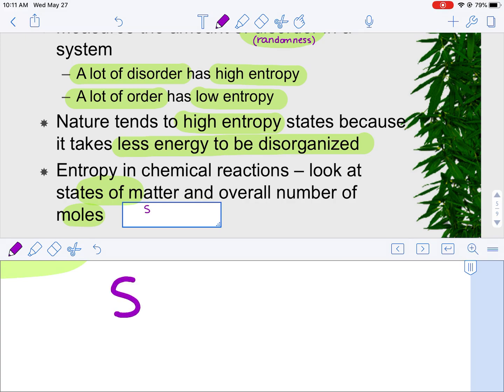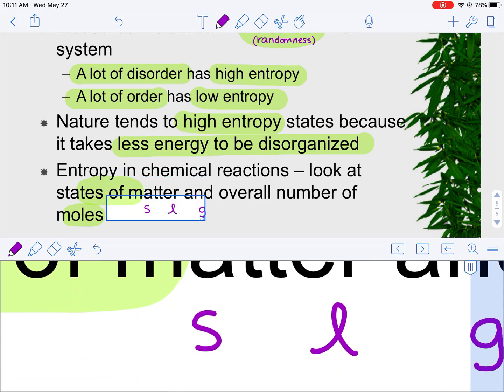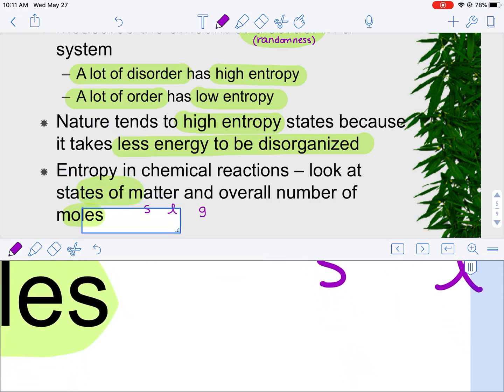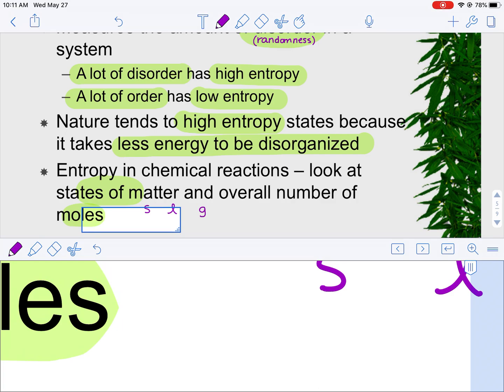The states of matter that we've been working with have been solid, liquid, and gas. In terms of solids, they have a lot of order. The particles are tightly packed together. They usually have a definitive shape associated with them. Solids are going to be low entropy.